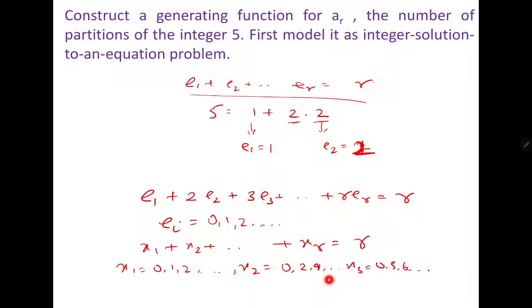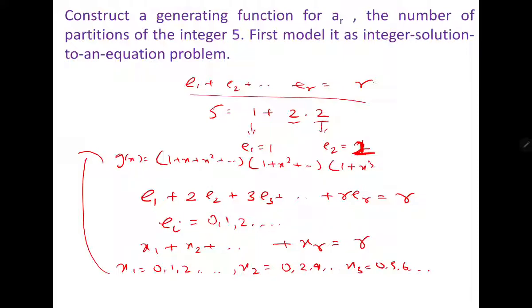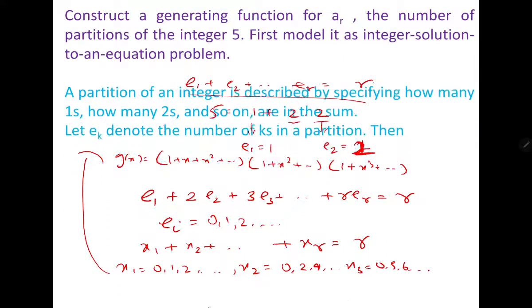So now if I have to write down the generating function, g of x, x1 is 0, 1, 2, so 1 plus x plus x square and so on, x2 is 0, 2, 4, so 1 plus x square plus x to the power 4 and so on, x3 is 1 plus x cube and so on, and it goes on and on.